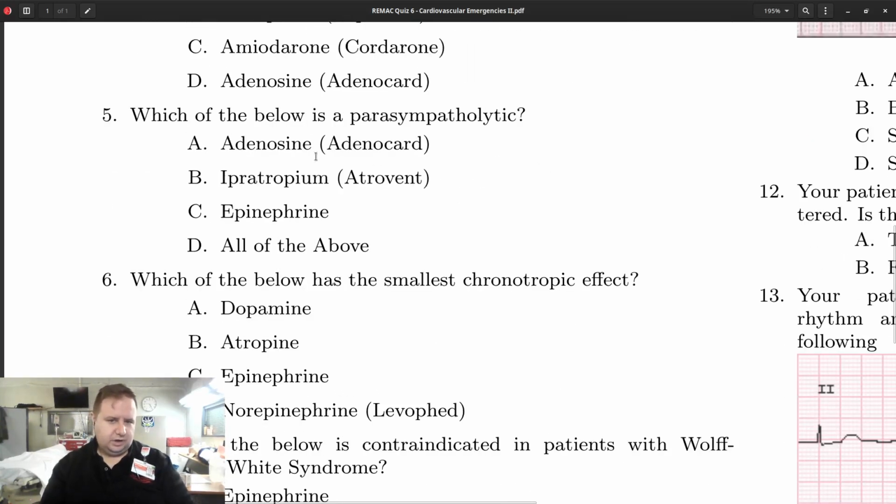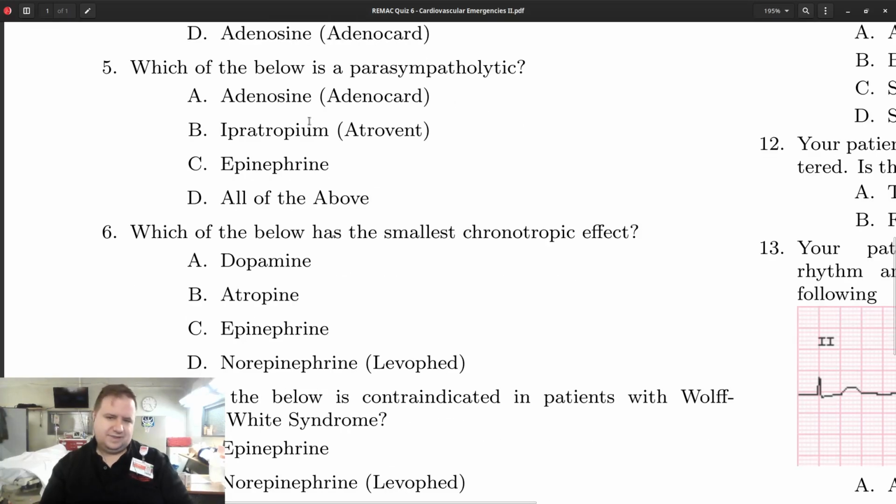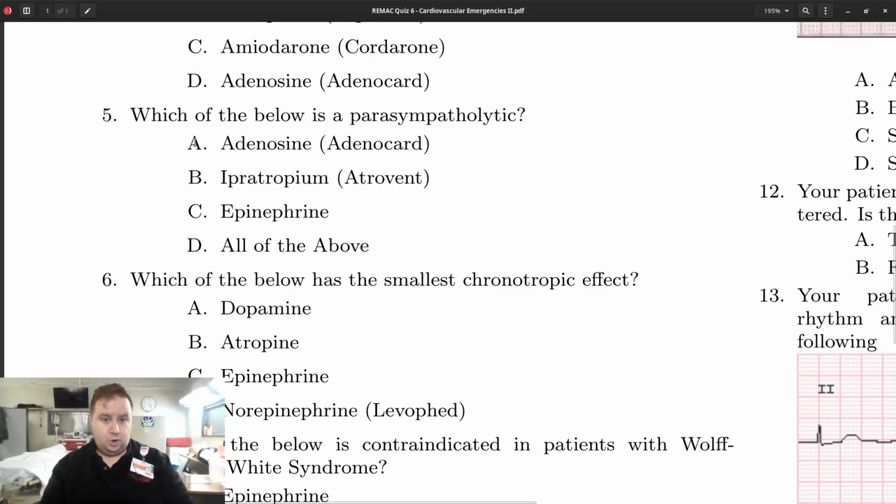Okay, let's look at question number 5. Which of the below is a parasympatholytic? So parasympatholytic drugs are drugs that block parasympathetic nervous system tone. So atropine does that, and ipratropium does that. By the way, it's sort of in the name. There's a reason that atrope is in the middle of ipratropium.